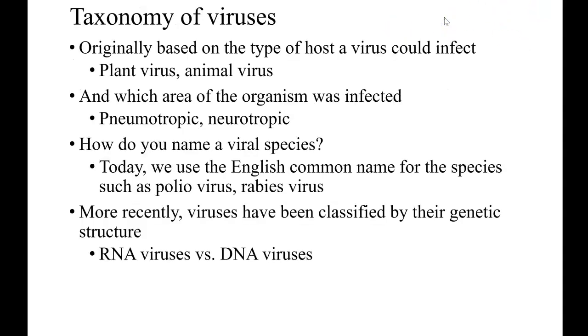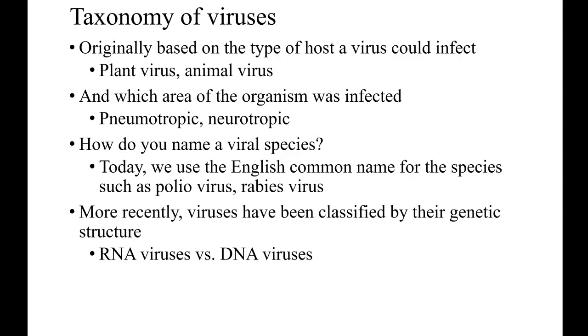How we actually classify viruses is a little different than how we classify living things. If you remember, we talked about binomial nomenclature and we also talked about the classification system. Originally, it was based on the type of host a virus could infect, whether it was an animal virus or a plant virus.